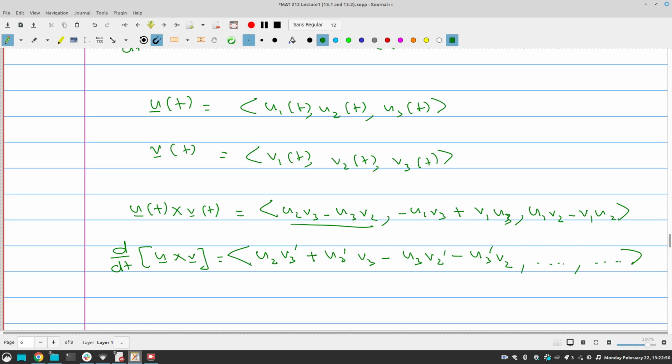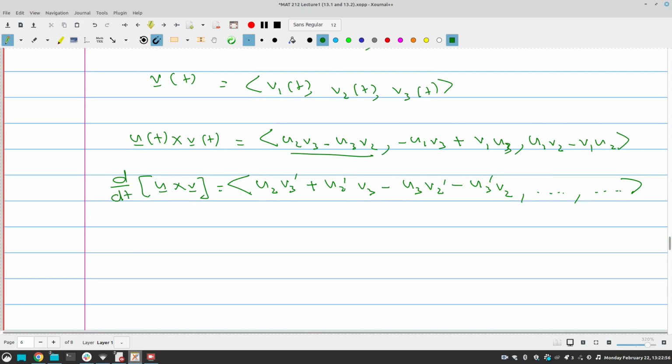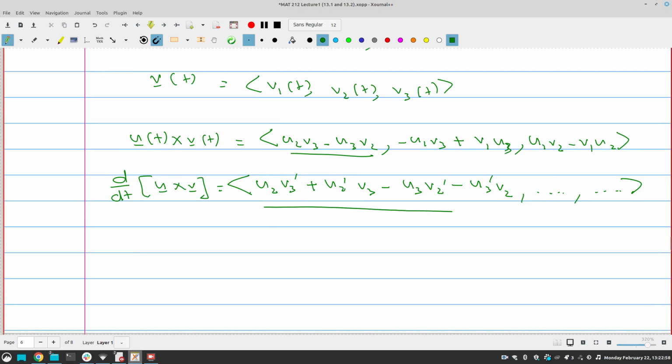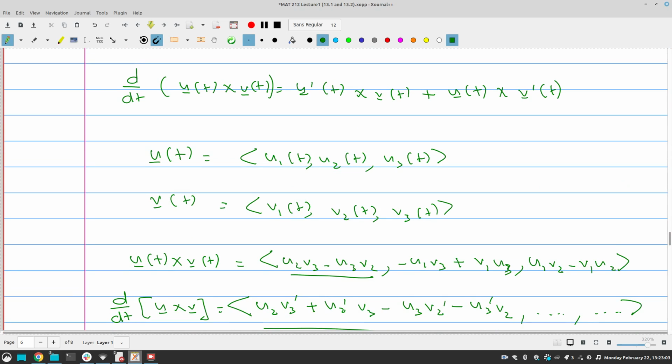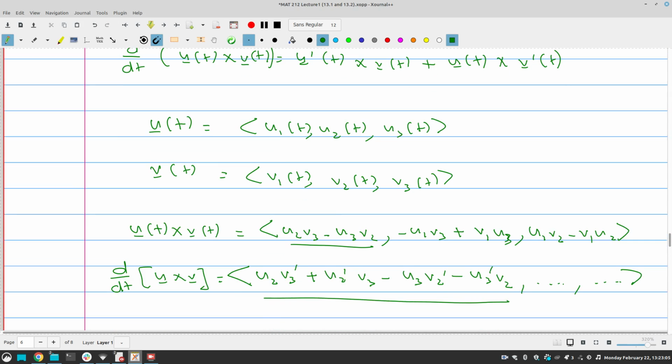I'll do the first term and leave the second and third terms as an exercise for you. Is the first term consistent with this formula?